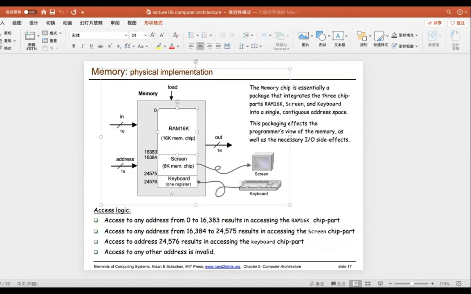And for the screen, it's from 16,384 to 24,575. And for the keyboard, it's just one address, 24,576. Okay, so this is the address range.